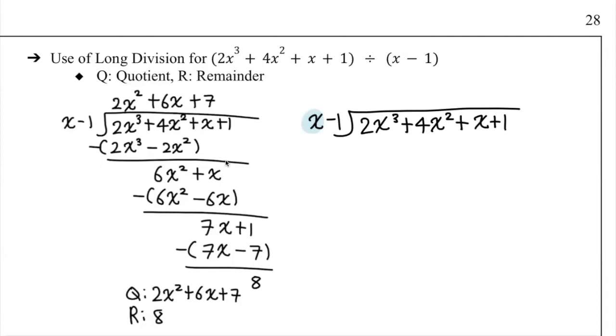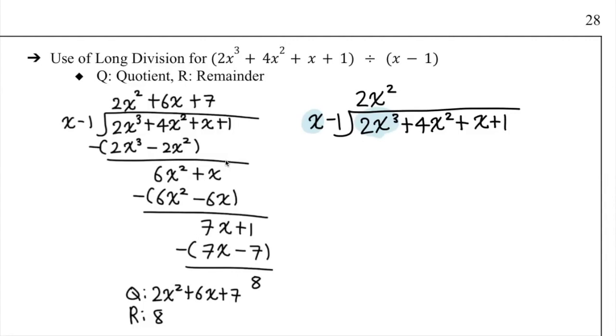Because x is the leading term, how many x would fit into 2x cubed? In other words, what do we have to multiply x by in order to get 2x cubed? If you multiply 2x squared by x, you get 2x cubed. So that's the first step.